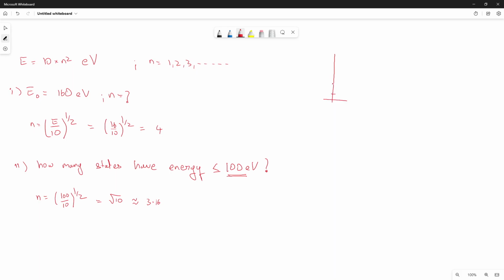Good. That's all I was asking. What is the fourth one? 160. Fifth? 250. Wonderful. So essentially, what we are supposed to remember here is the spacing between the energy levels should increase.